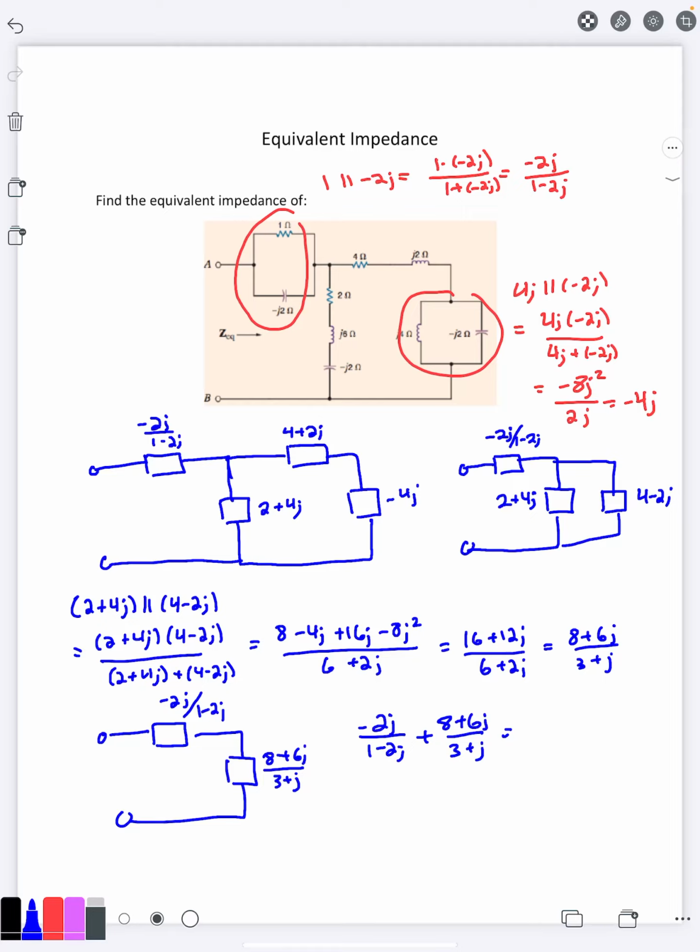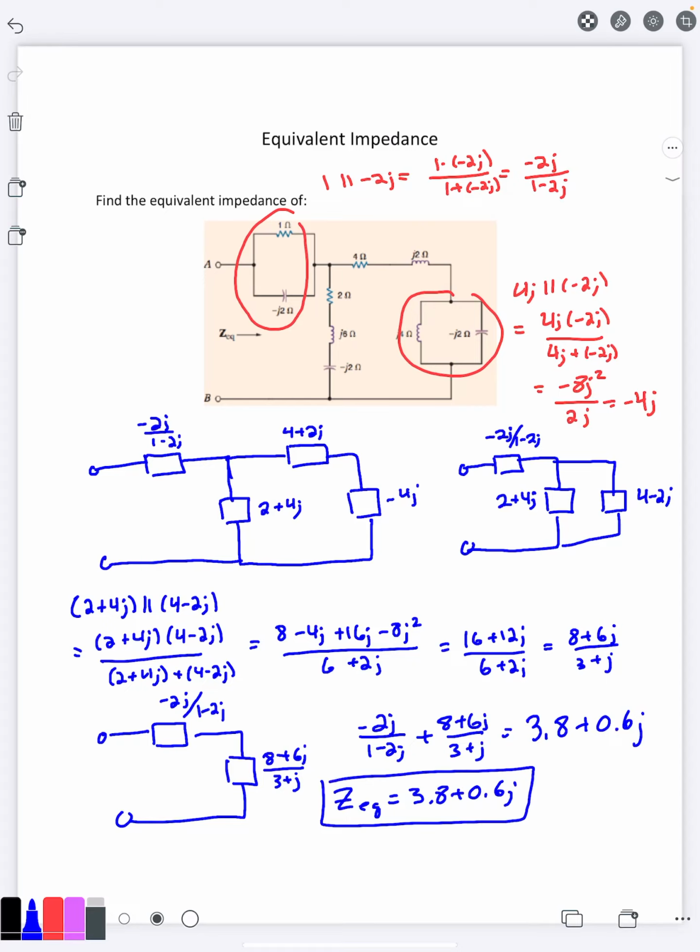So negative 2j divided by 1 minus 2j plus 8 plus 6j divided by 3 plus j. And this is going to work out to be 3.8 plus 0.6j. And so that's going to be our equivalent impedance here. The equivalent is 3.8 plus 0.6j.